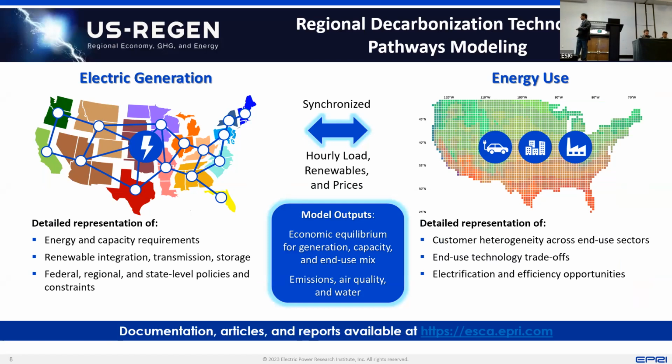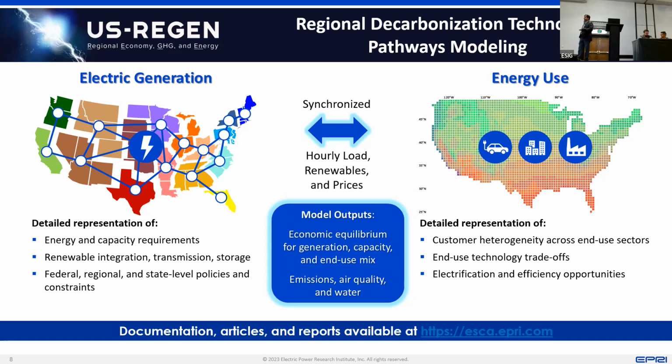As you can see, the graphic shows the 48 states divided into 16 zones, and we assume a pipe and bubble representation amongst the zones. It has a fairly detailed representation of the energy resources as well as the capacity requirements for each one of the 16 zones. It also takes state and federal policies into account.